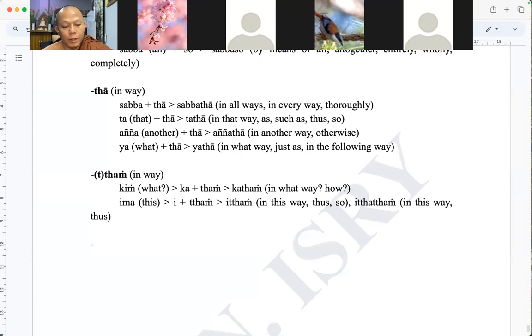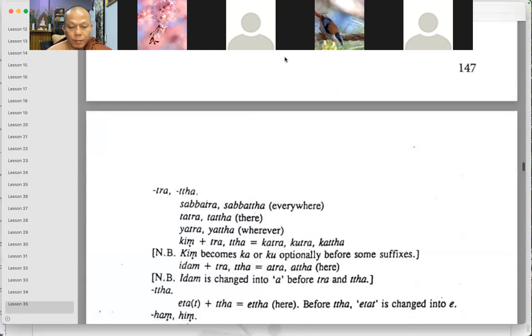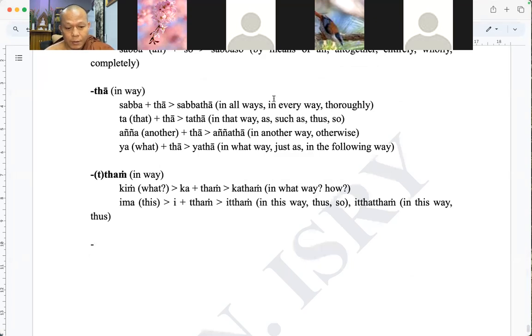And then now another suffix. Another suffix is tara and the ta.